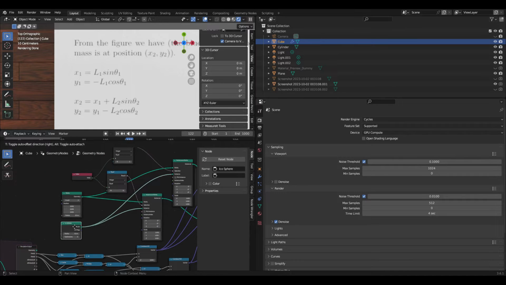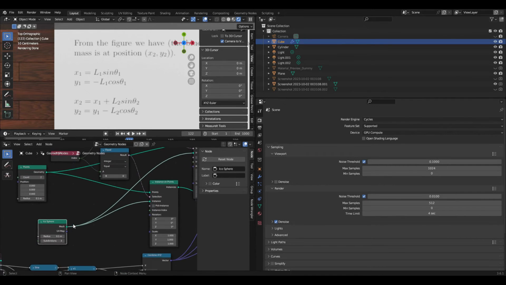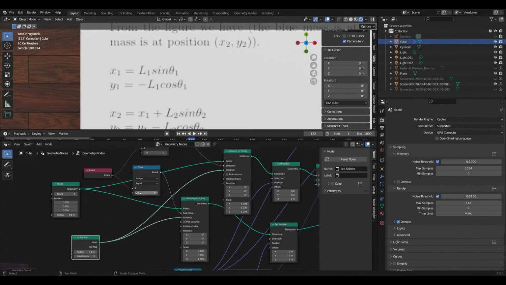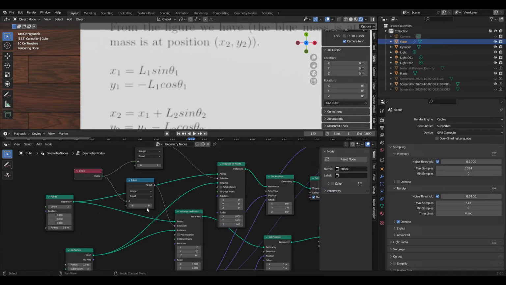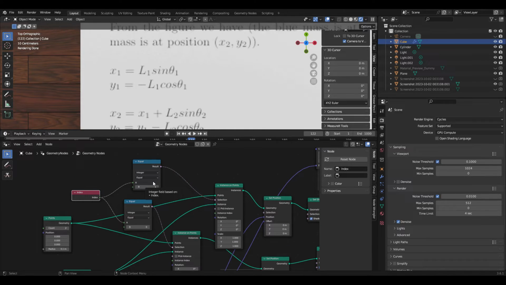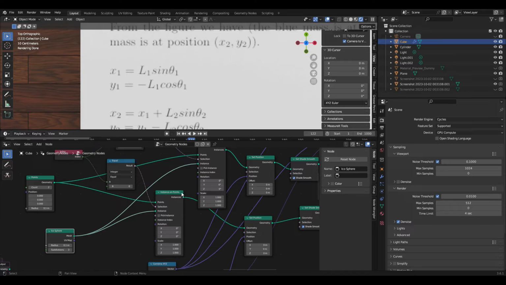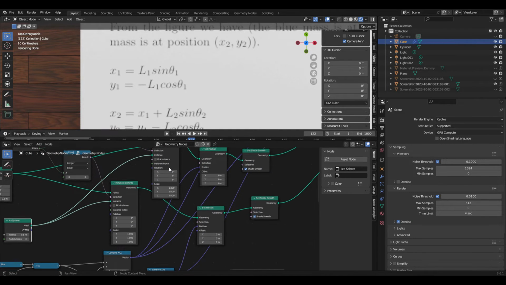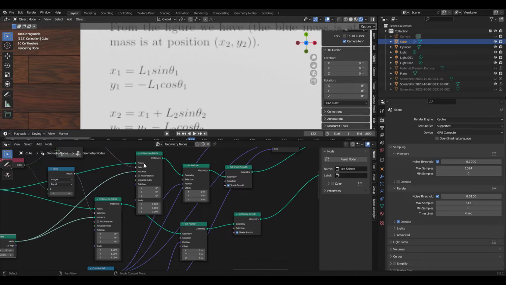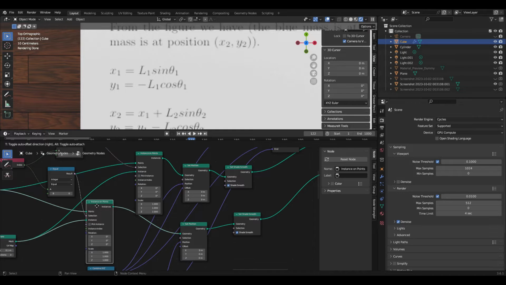So I have 2 points going in, and I'm doing an instance on point, and I'm using the index and putting it through a compare node to select whether I'm performing functions on the first point or the second point. And I'm creating a couple instances which are icospheres, and then setting the position based on the x1, y1, x2, y2 that I'm calculating from the equations that I'm showing on the top here.